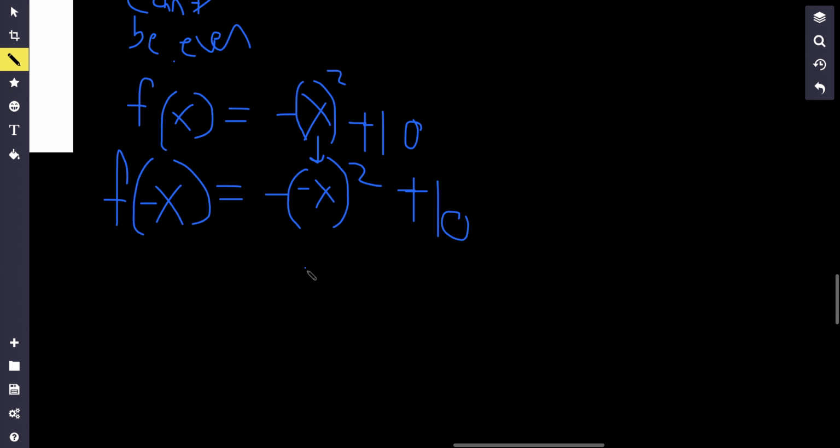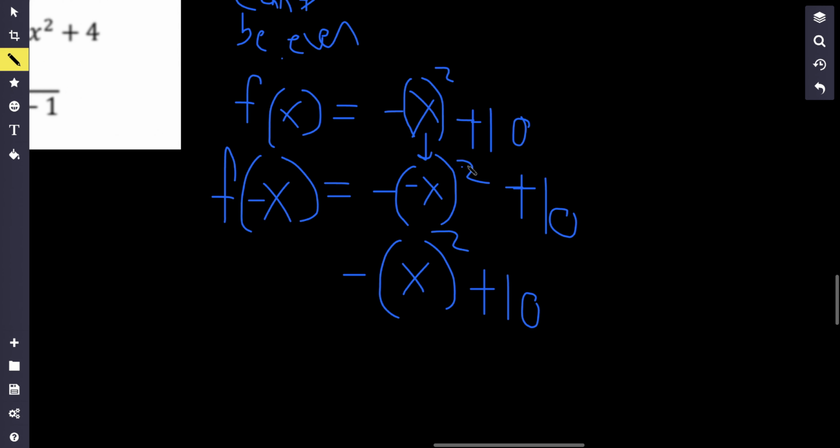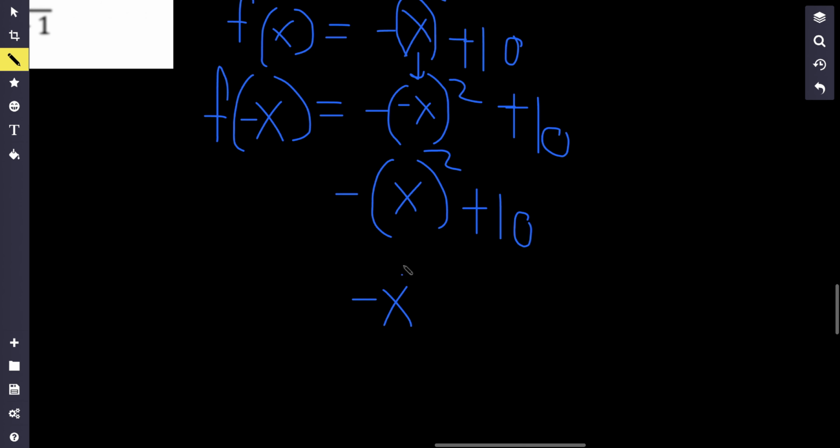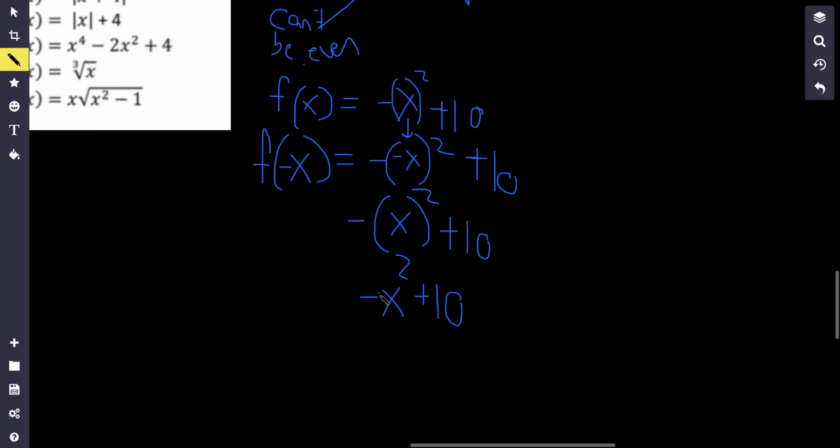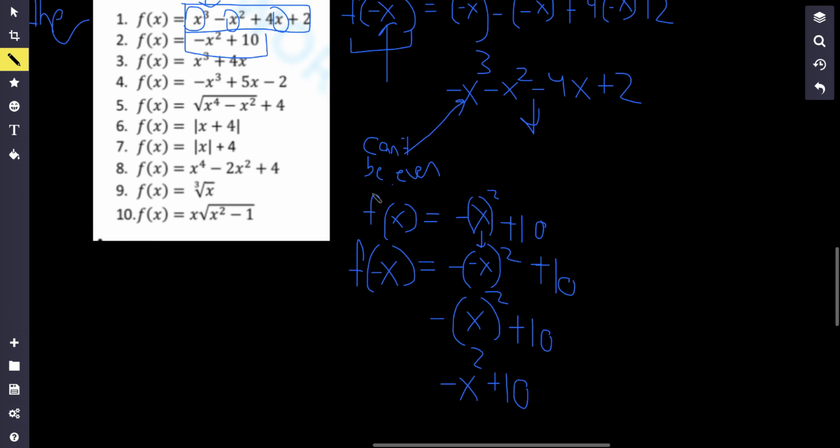Negative x squared is just x squared. And don't forget the negative sign out front. Plus 10. Right, negative x to the second power is just positive x to the second power. And this is just going to be negative x to the second power plus 10. And what you notice is that we end back up with our original function.